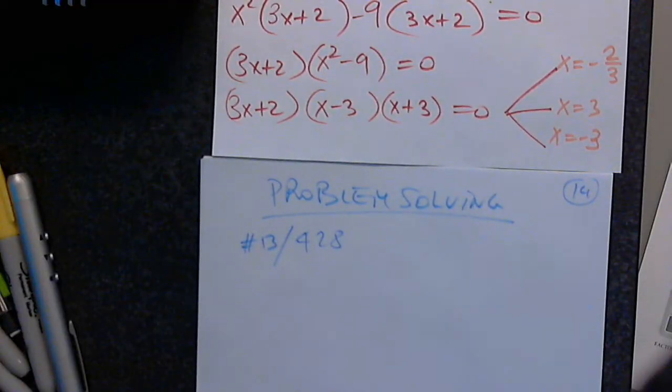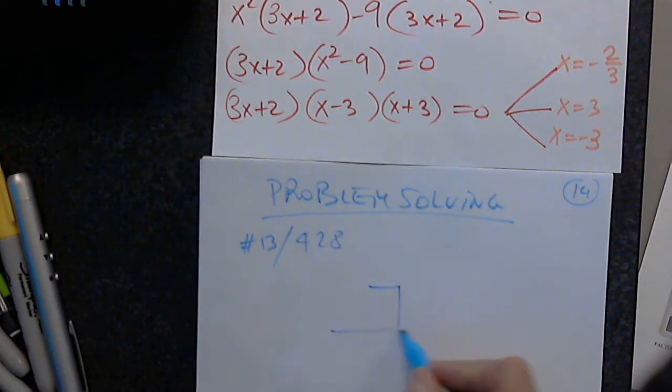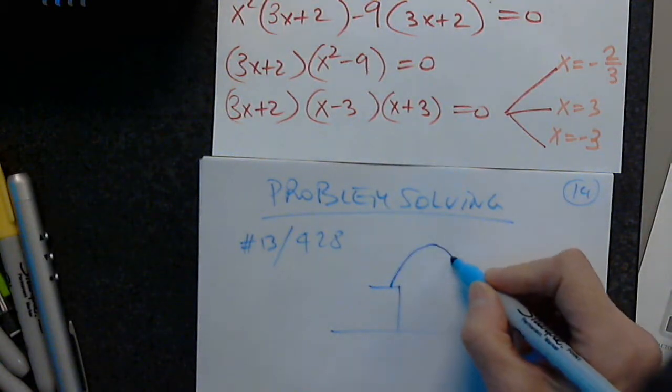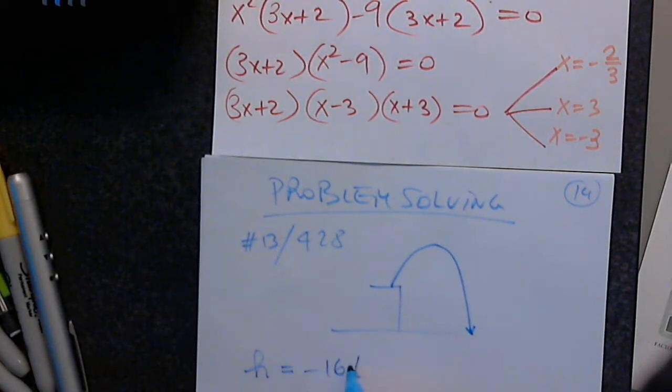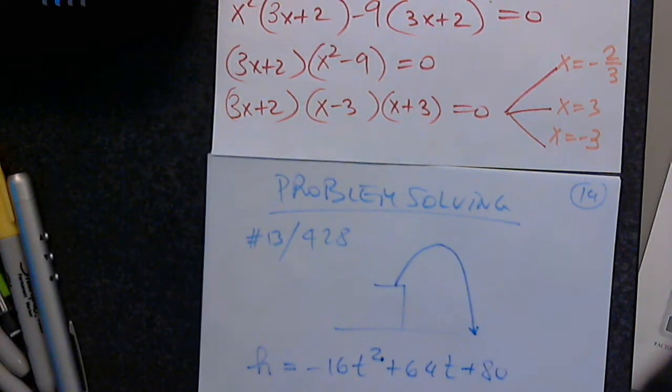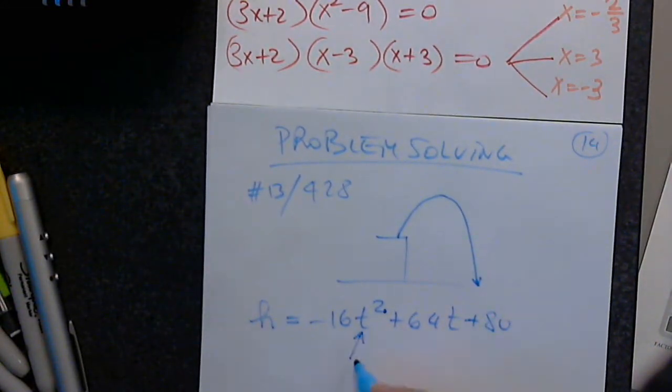An object is thrown upward from the top of an 80-foot building with an initial velocity of 64 feet per second. So here's the building, and somebody's throwing a ball like this, or an object. The height h equals -16t squared plus 64t plus 80, where t is time in seconds, h is height in feet.